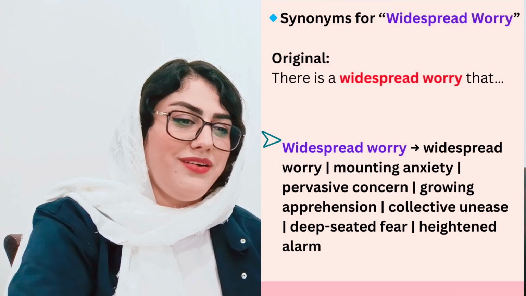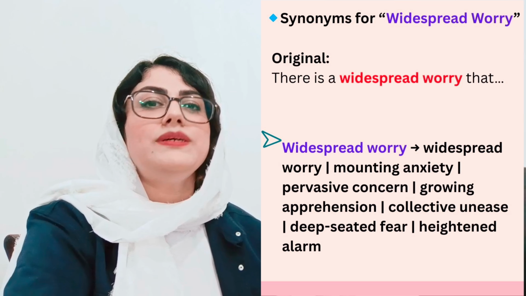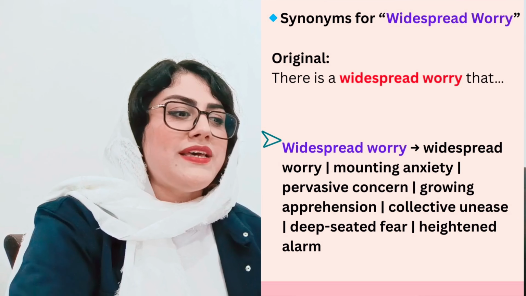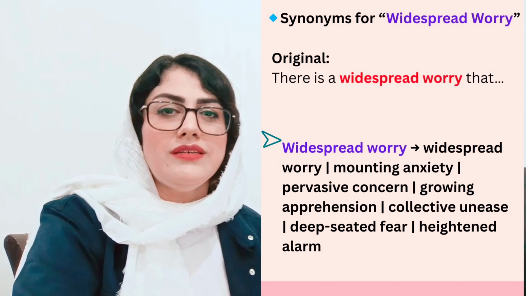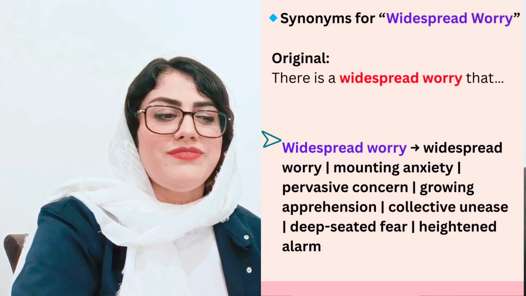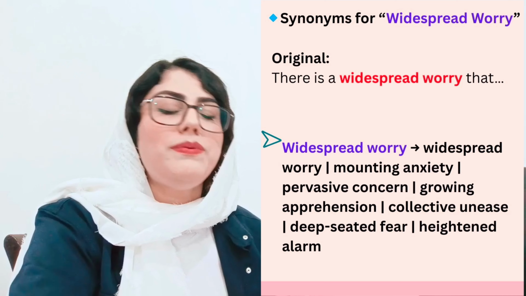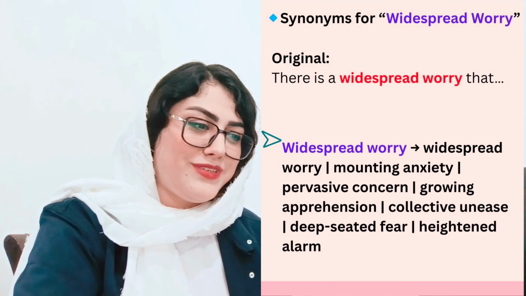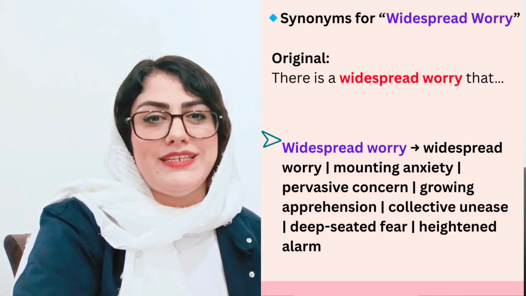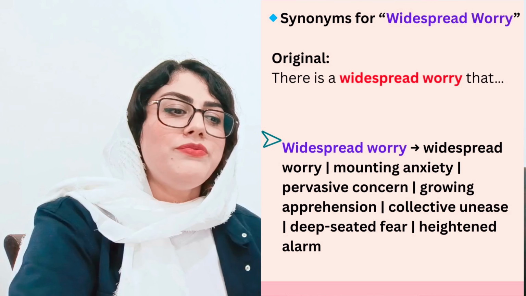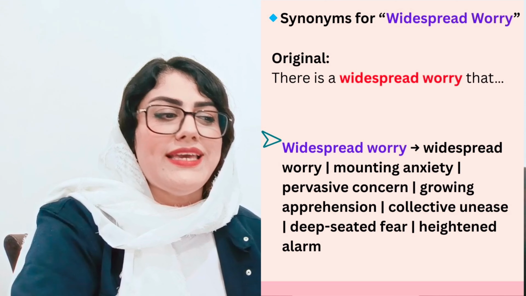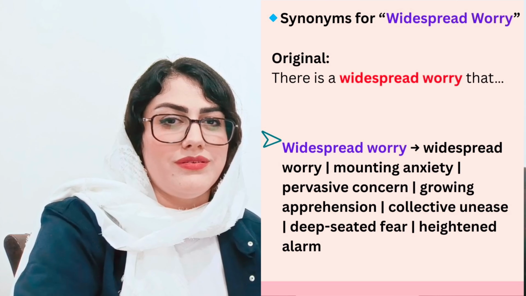That's really perfect. If the worry is spread everywhere in society, we can use pervasive concern, pervasive anxiety. If many people share the same feeling, call it collective concern, collective unease. For a very deep and strong kind of worry, say deep-seated fear.